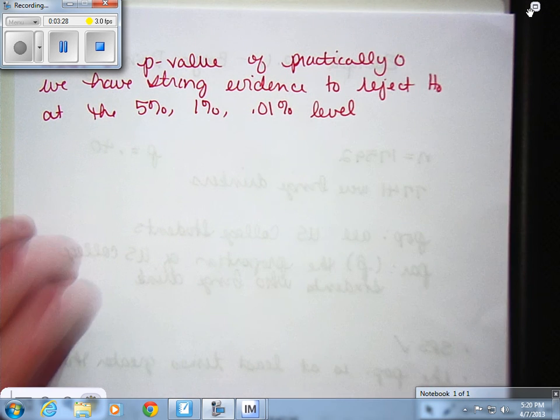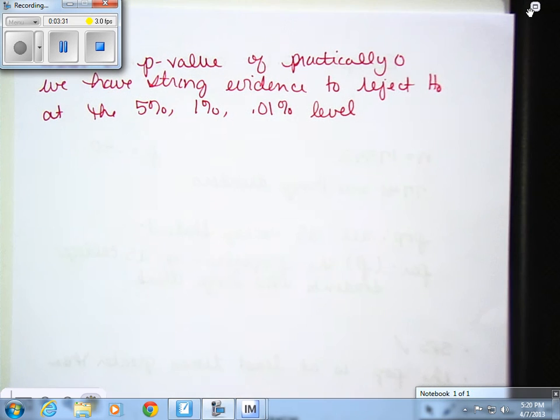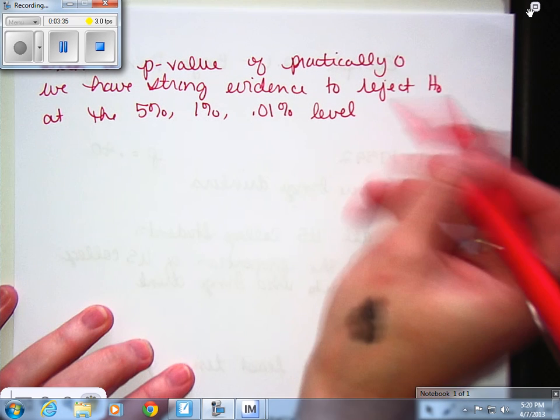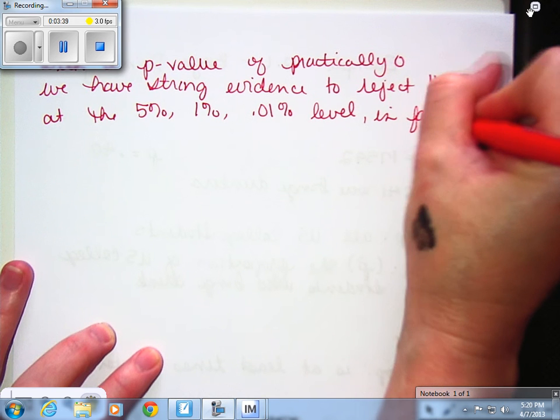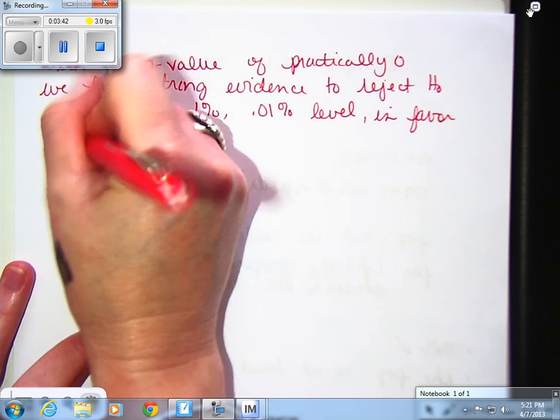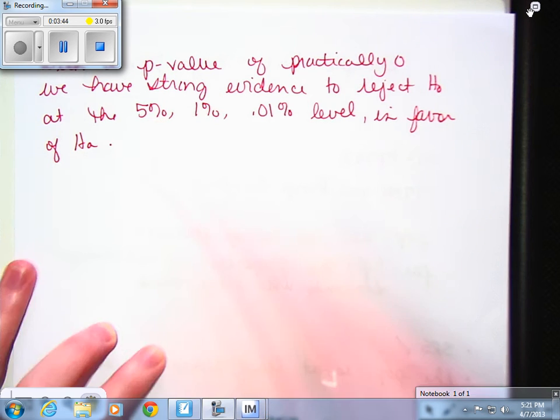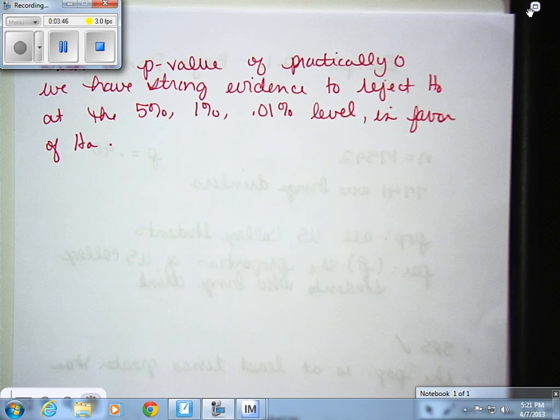I mean, we have very strong evidence to reject at all of those levels. So we're going to reject H naught at any of those levels in favor of HA, or alternative. So now what we have to say is what that means.